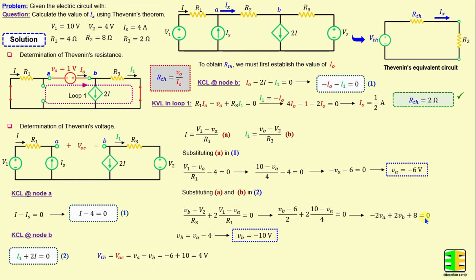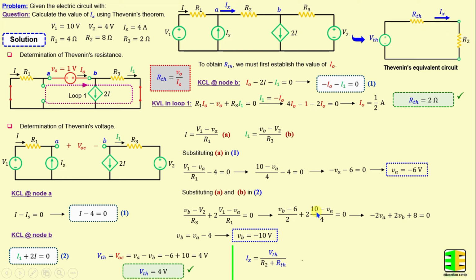Now, VTH is equal to VOC, the open circuit voltage, which is equal to VA minus VB. If we replace VA and VB with their numerical values, we obtain VTH is equal to 4 volts. The current IX can be calculated by VTH over R2 plus RTH.